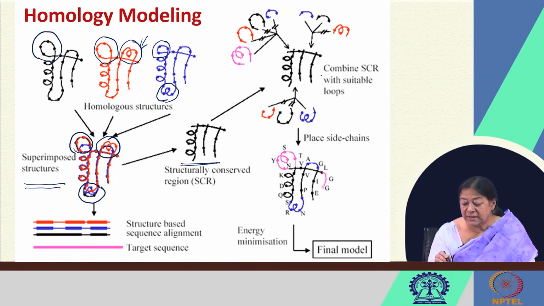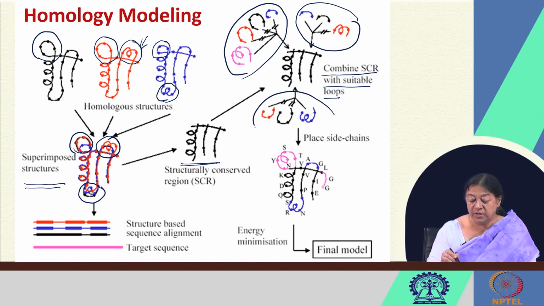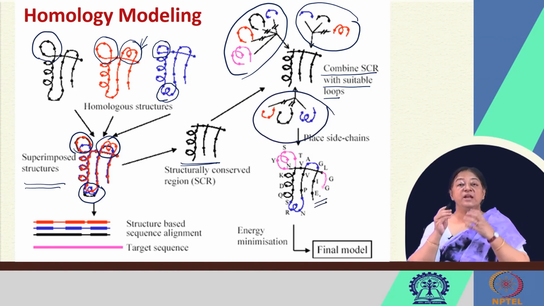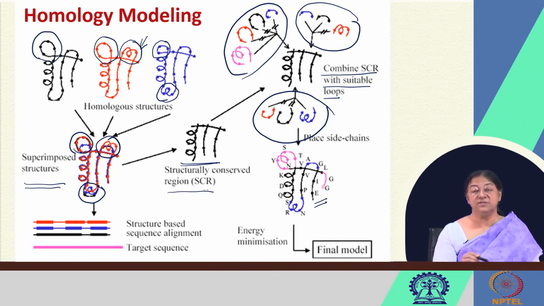So, we look at the combination of the structurally conserved regions with different types of connectors or linkers, as we call them, and what we can do is place the specific side chains that we know are in these linker parts, considering that the rest of the polypeptide chain has this structurally conserved region.